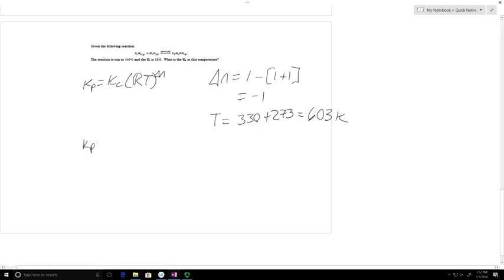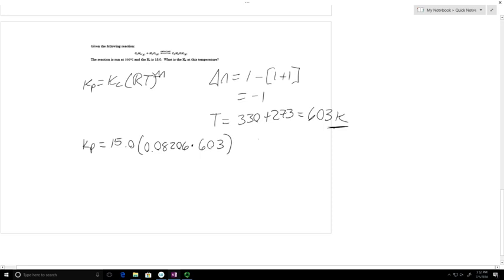So Kp is equal to 15.0, which is our Kc, times 0.08206 liter atmospheres per Kelvin mole, but again, we're not worried about the units, times 603. We worry about the units for temperature because the conversion is additive.